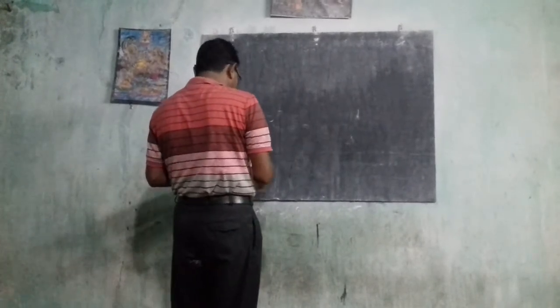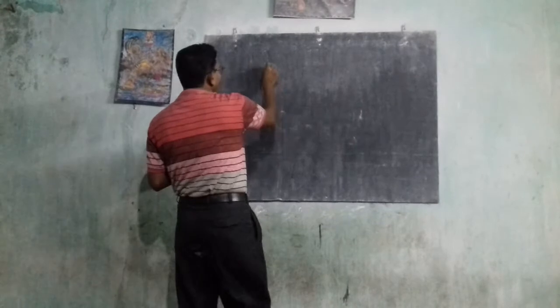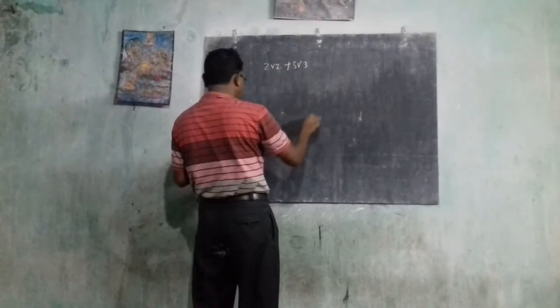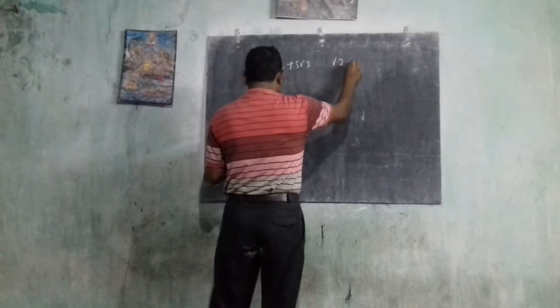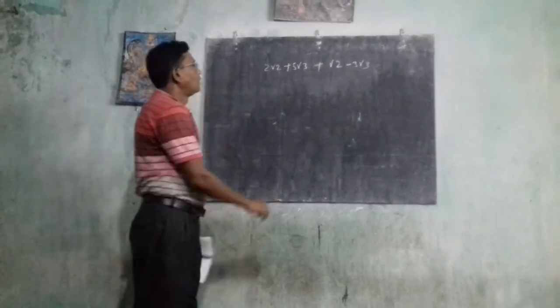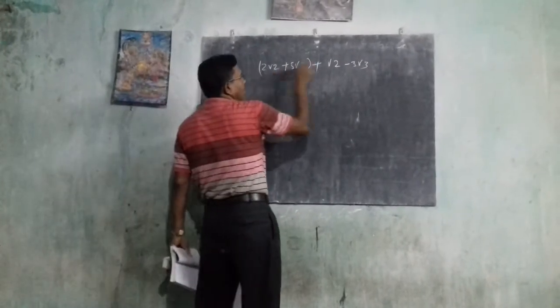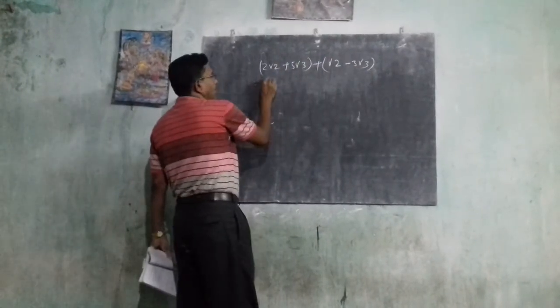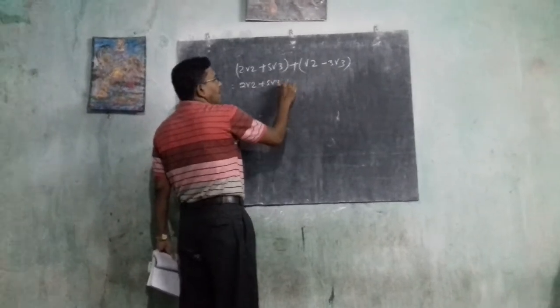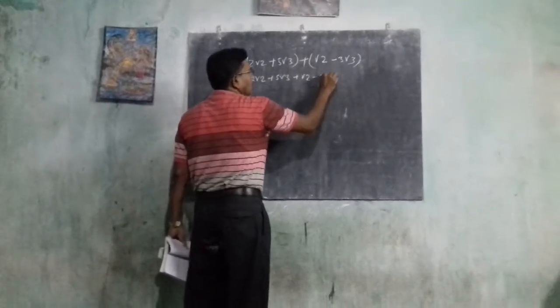One example is given: 2 root 2 plus 5 root 3 and root 2 minus 3 root 3, which we add. Open bracket 2 root 2 plus 5 root 3, plus root 2 minus 3 root 3.